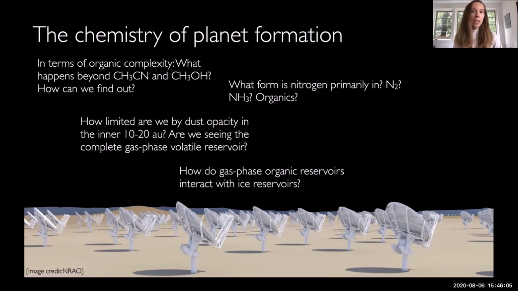I think ngVLA will be sensitive enough to allow us to do this, and ammonia is what I'm the most excited about, towards a few nearby disks. If we want to have humongous surveys, then we probably need to expand it even more, but it would be really good to benchmark it towards, let's say, these 5 disks that we picked because they were bright.